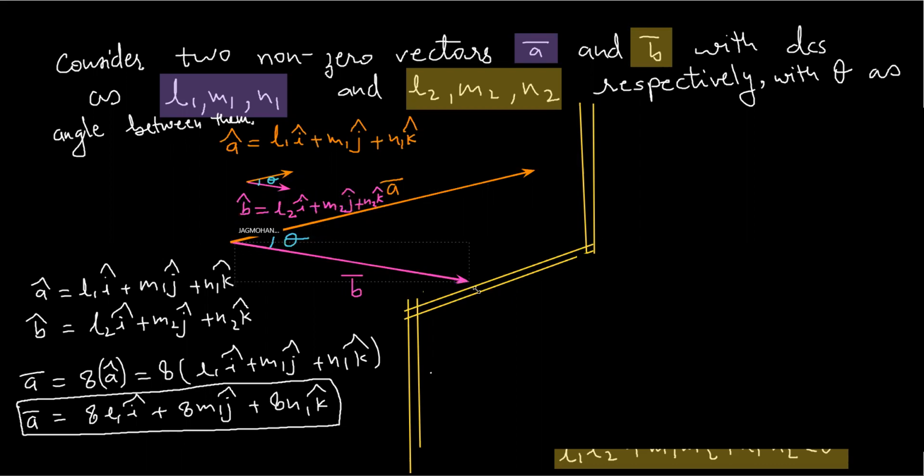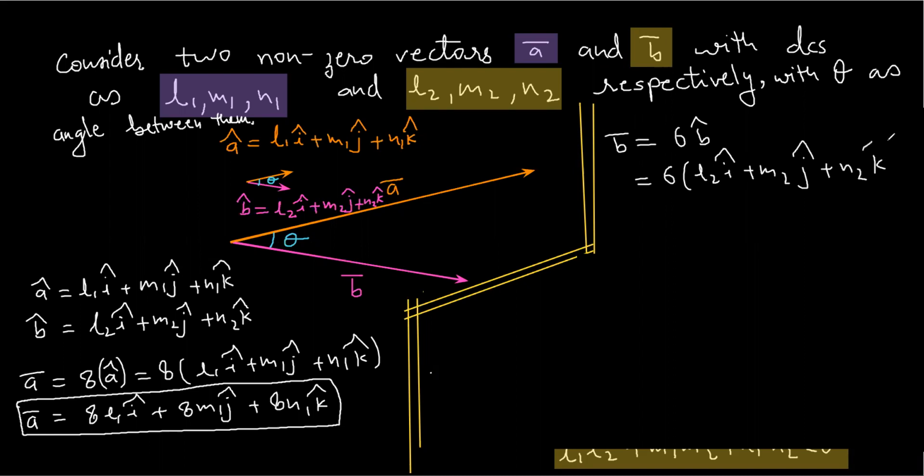So B bar is 6 times (L2 I cap plus M2 J cap plus N2 K cap), that is B bar is equal to 6 L2 I cap plus 6 M2 J cap plus 6 N2 K cap. This is vector B bar which I got.